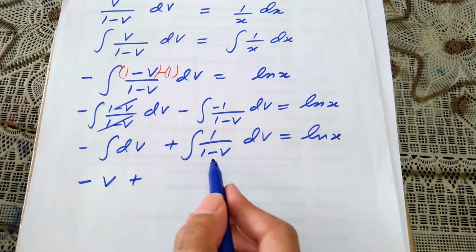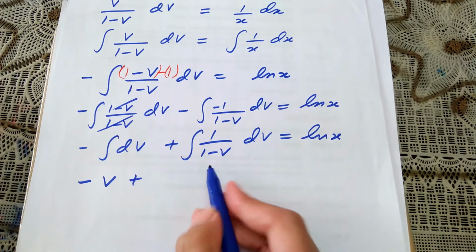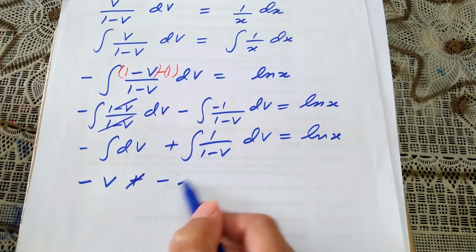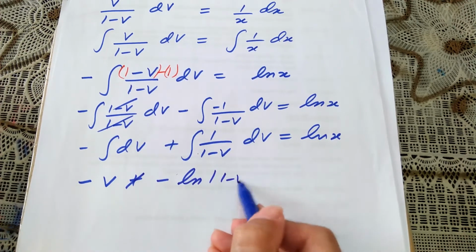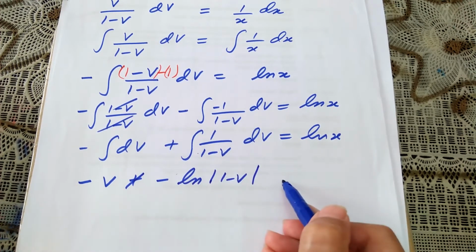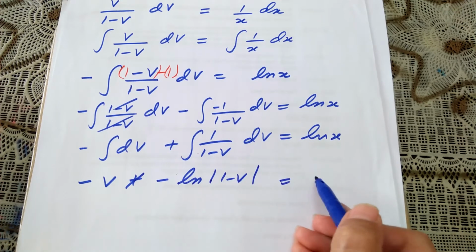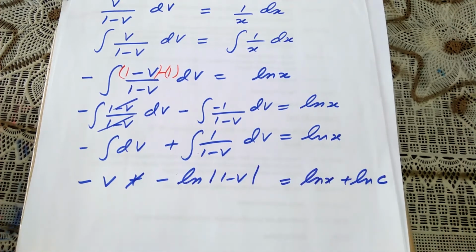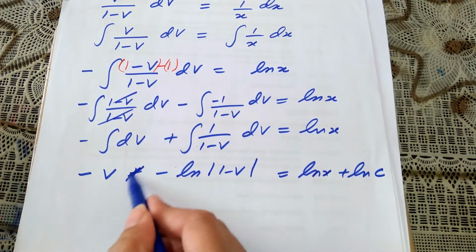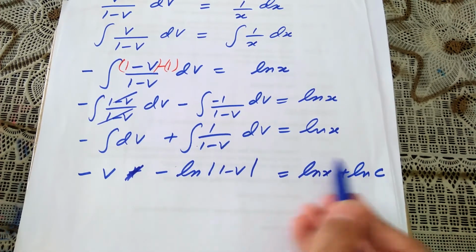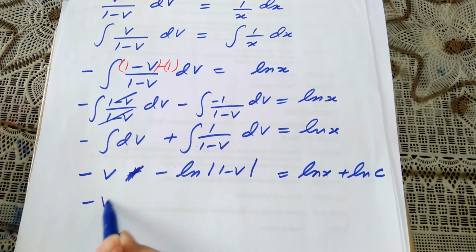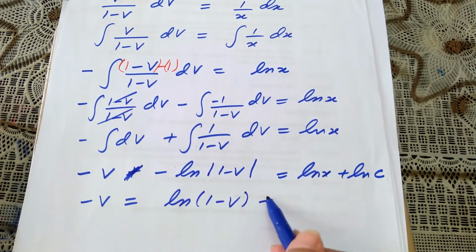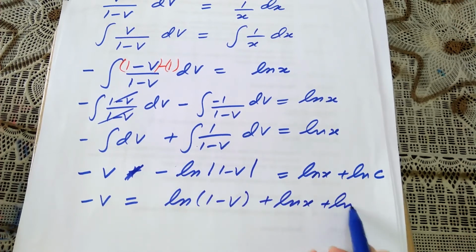This one will give me the integration as minus, this is 1 minus v, so it will be negative ln of 1 minus v equals, I can write ln of x plus constant of integration as ln of c. Now I can move these terms to the other side as minus v equals ln of 1 minus v plus ln of x plus ln of c.